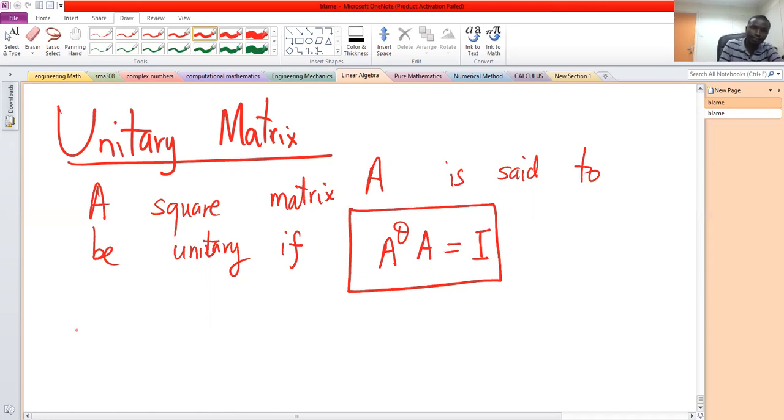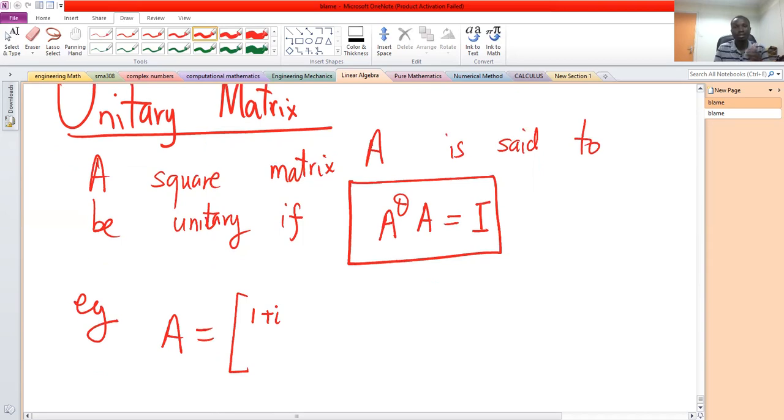So for example, remember, when we talk about unitary matrices we are talking about complex valued matrices.